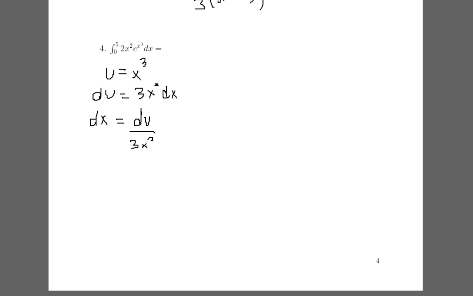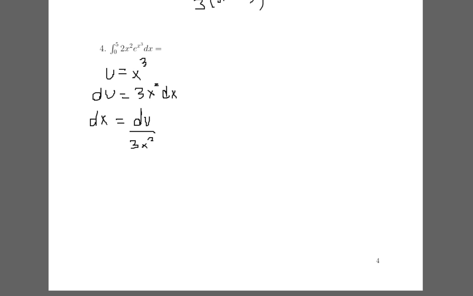So we have our u and our dx. In this case, we're working with a definite integral. So our 0 and 5 are in terms of x, and we actually want to modify those to be in terms of u. So if we plug 0 in for x, our u would still be 0 because it's 0 cubed, which is just 0. But when we plug in 5 for x, our u will actually equal 5 to the third.